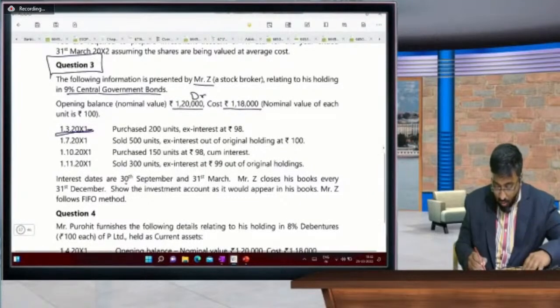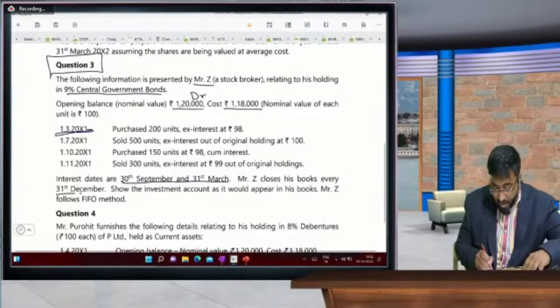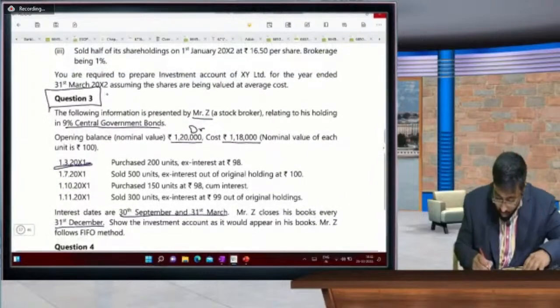Now see below, interest dates are 30th September and 31st March. But balance sheet date is 31st December. What does it mean? It means balance sheet date and interest received date are different. So opening receivable. Okay.